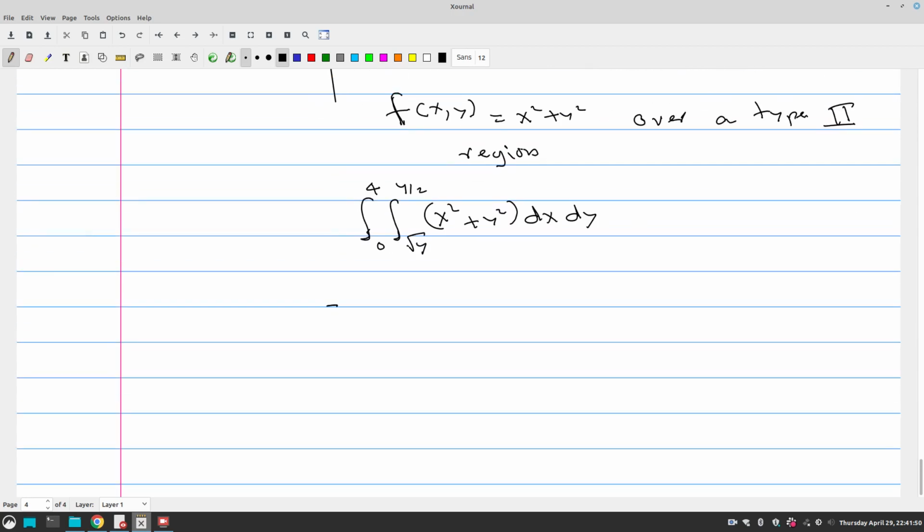This is of course equal to the integral from 0 to 4 of x squared y plus y squared x, from x equals y over 2 to root y, dy. I'm sorry, not 1 over 3 y cubed. This should be y squared x.